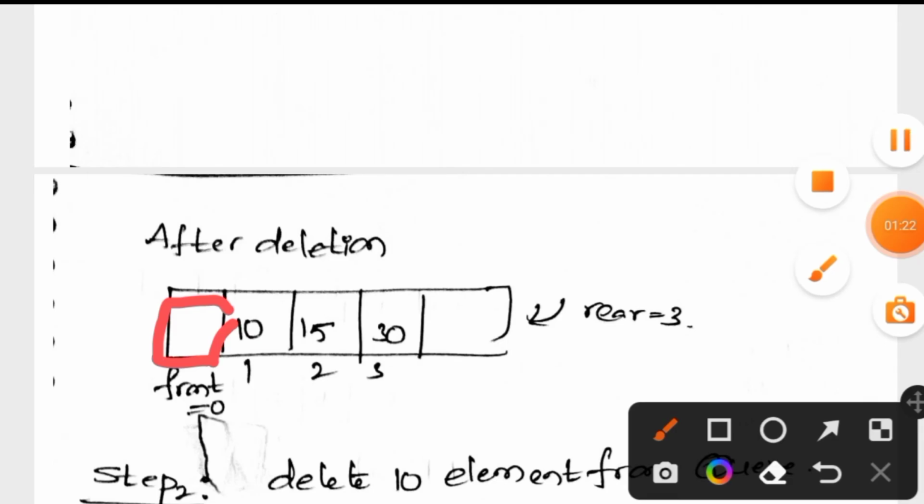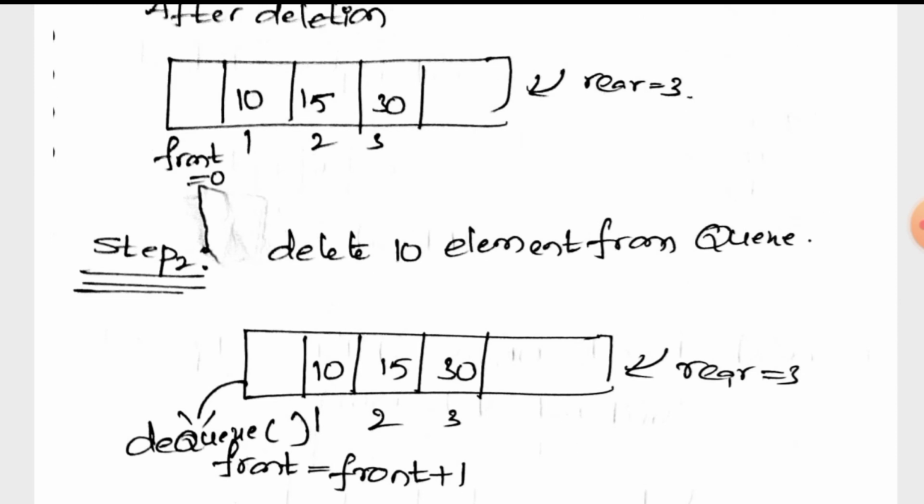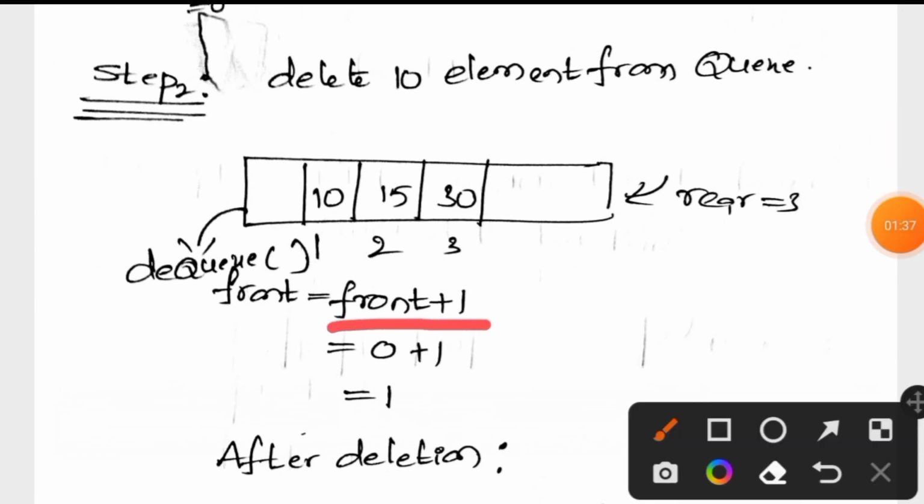Here the front is 0. Now in the next step we are going to delete the next element, that is 10. Means here what we have to do, the front position will be incremented by 1, that is front equals front plus 1. The front previous value is 0, 0 plus 1 means the front position is 1. So at front position 1 the value 10 is there.